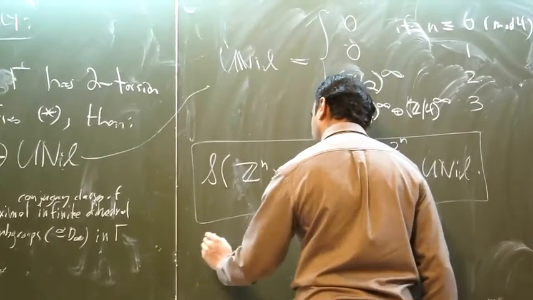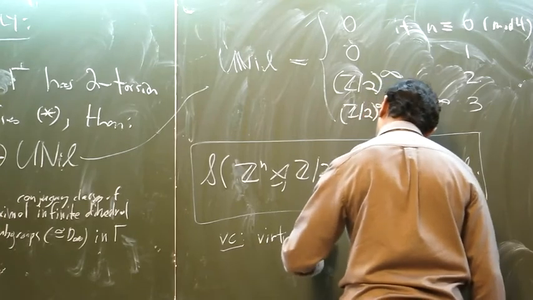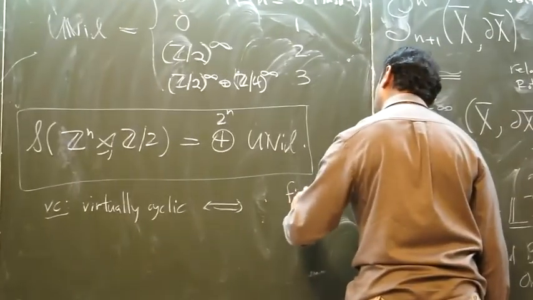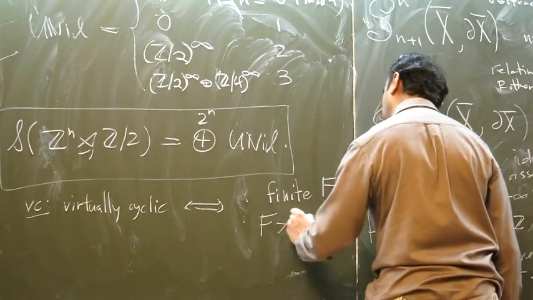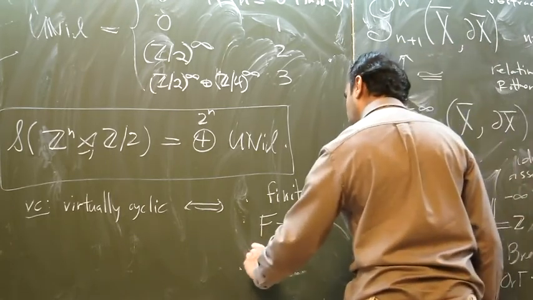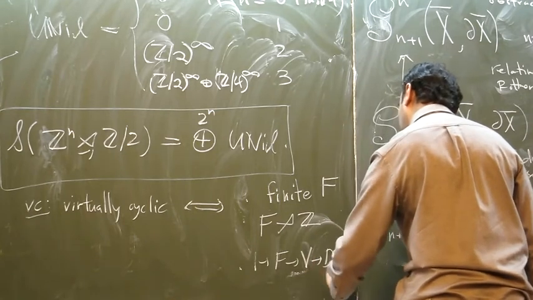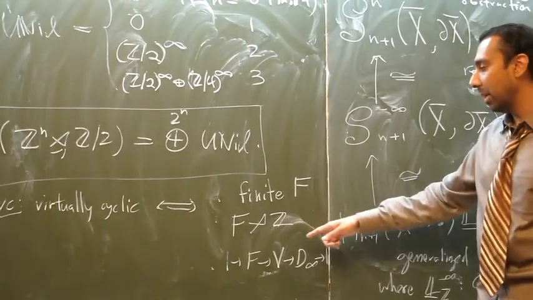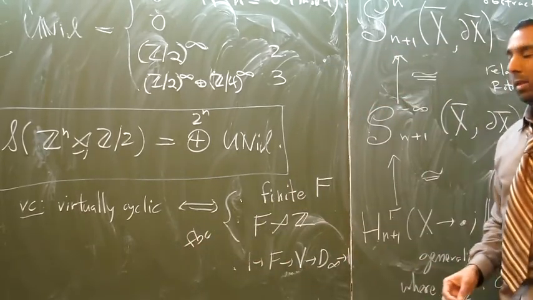I think no. There's a theorem that says it's either finite, or finite semi-direct product Z, which is finite by infinite cyclic, or finite by infinite dihedral. So the difference between VC and FBC: these two are just FBC, finite bicyclic.